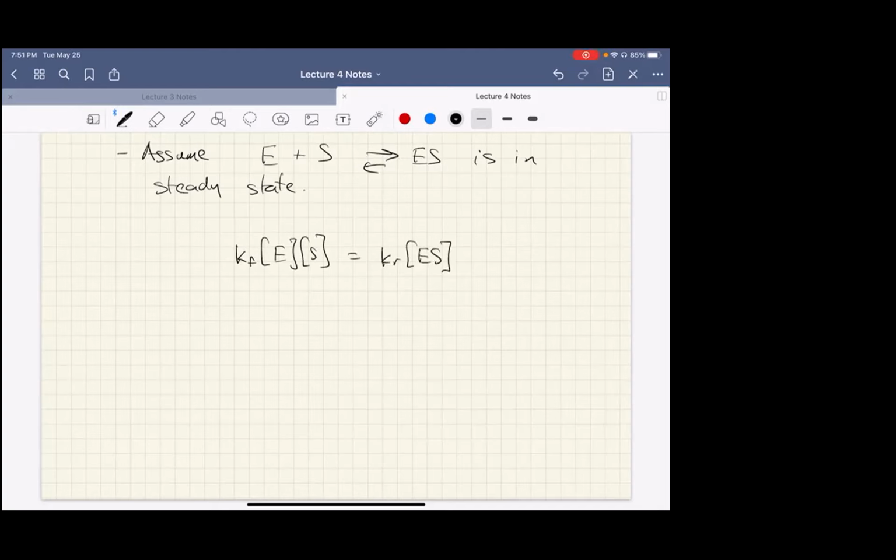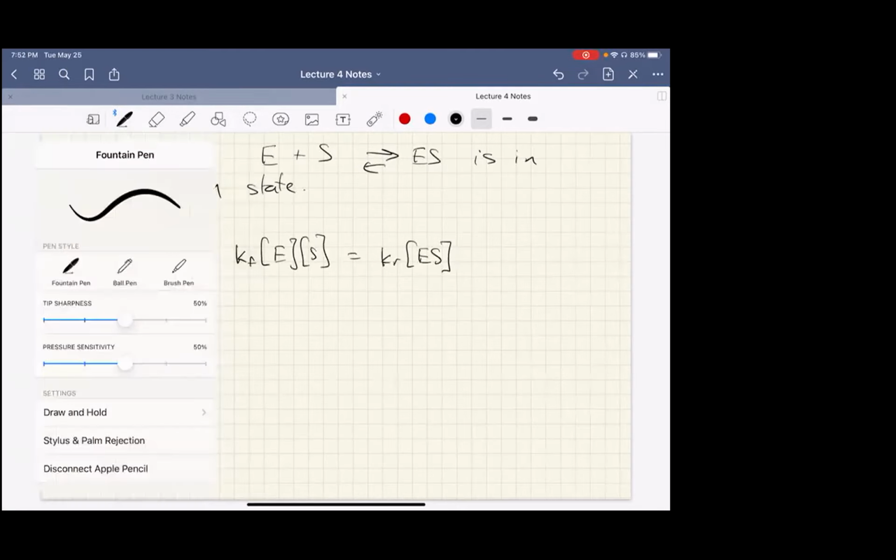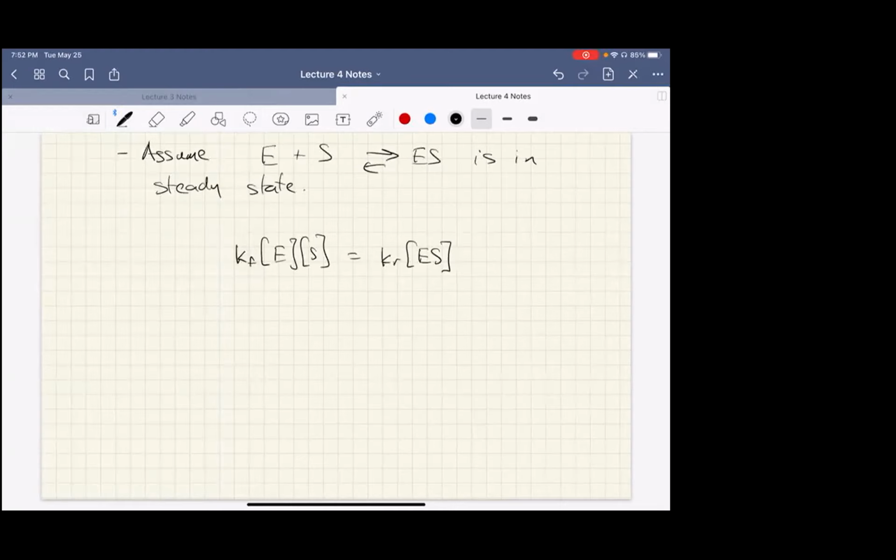What's more, we're going to call the concentration of E, the amount of E initially is conserved.